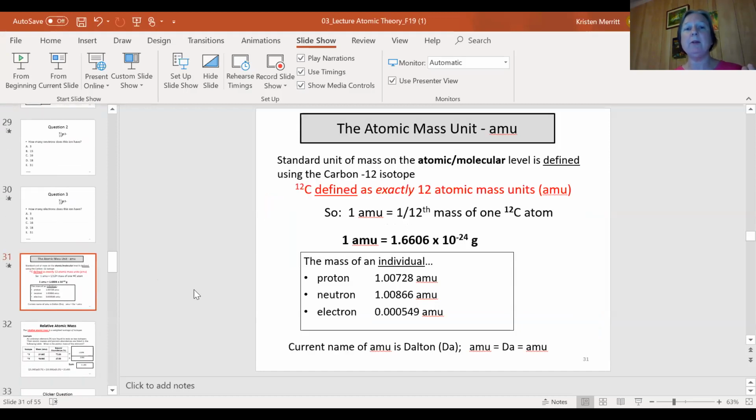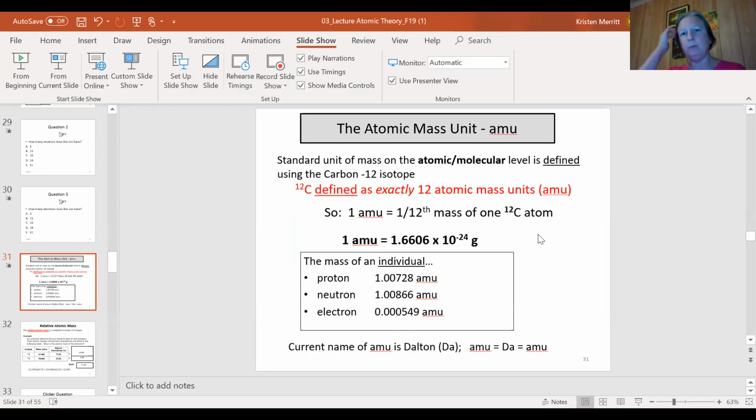So the mass for an individual element or molecule is defined by an atomic mass unit. And that is based on the carbon-12 atom. The carbon-12 is your standard carbon atom with, I'm sorry, 6 protons, 6 neutrons. So it's defined as 1/12 the mass of one of those atoms.